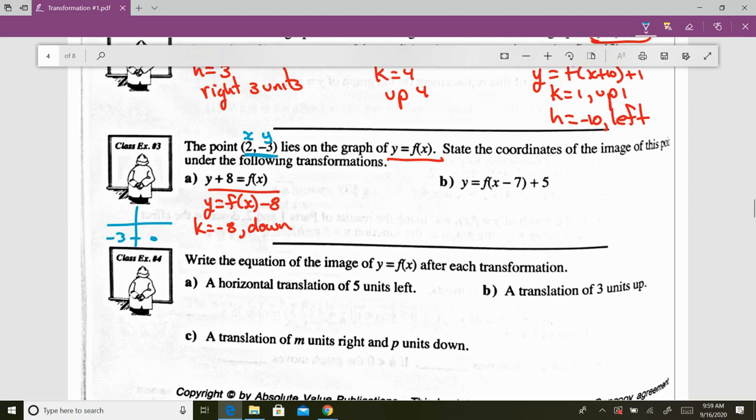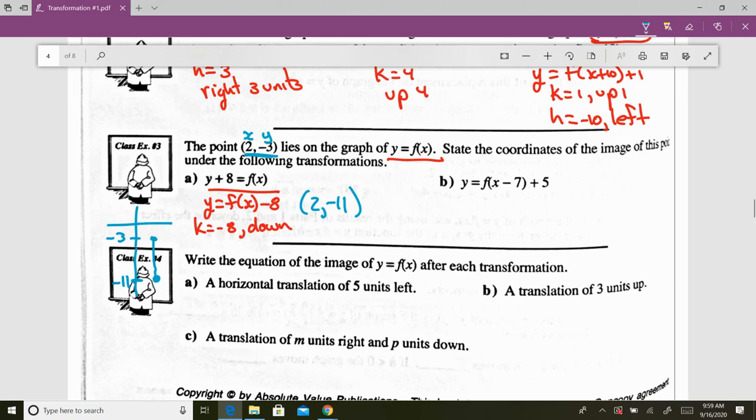If I'm sitting at -3 and I go down 8, where do I end up other than on this guy's head? What's the Y value of that point there? -11. Does everybody agree with that? So the new point is (2, -11), because we didn't move it side to side. I don't know why I wrote 18. Sorry, there you go. -11.